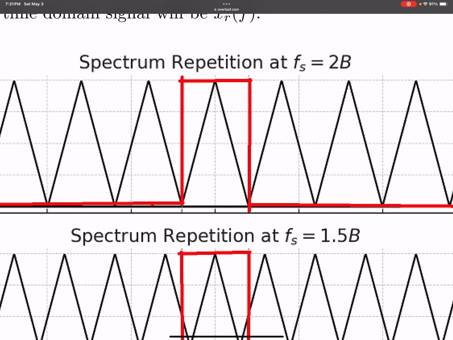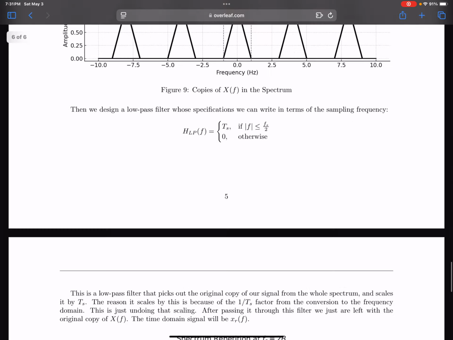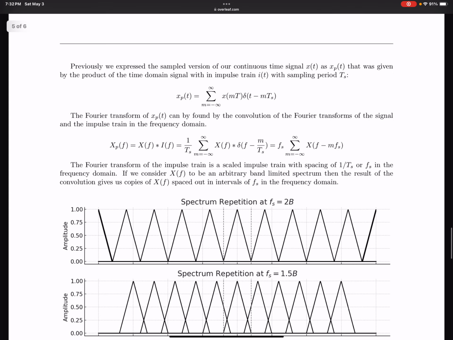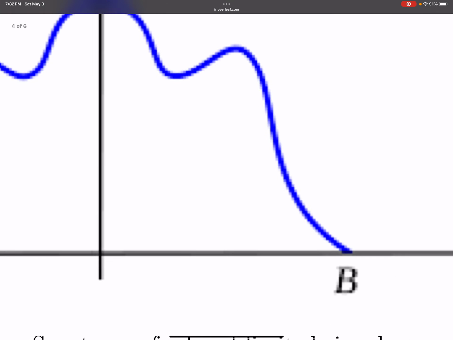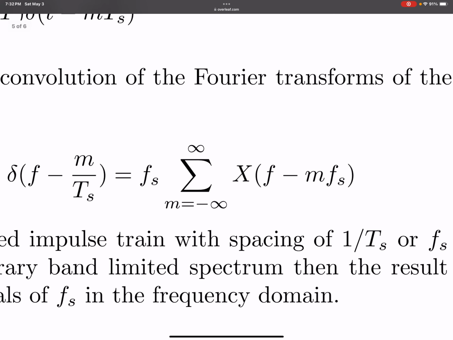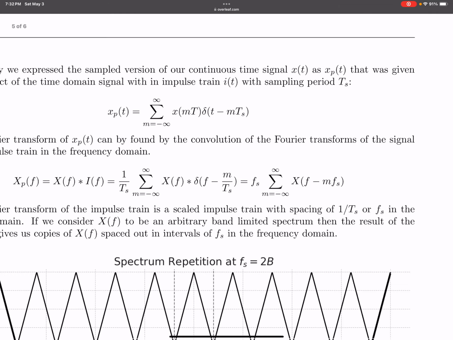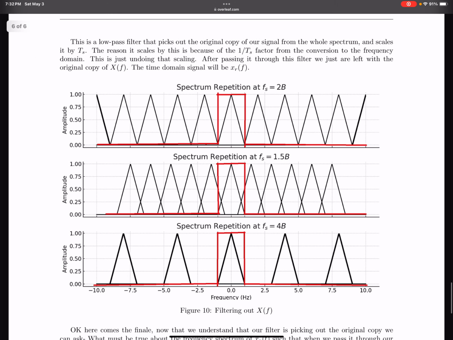Because remember that f_s, your sampling frequency, is what determines the spacing between these copies, right? Looking at this equation here, this is the equation for the copies in the spectrum. So when you change f_s, you're changing how spaced apart they are. And it matches our theory, right?